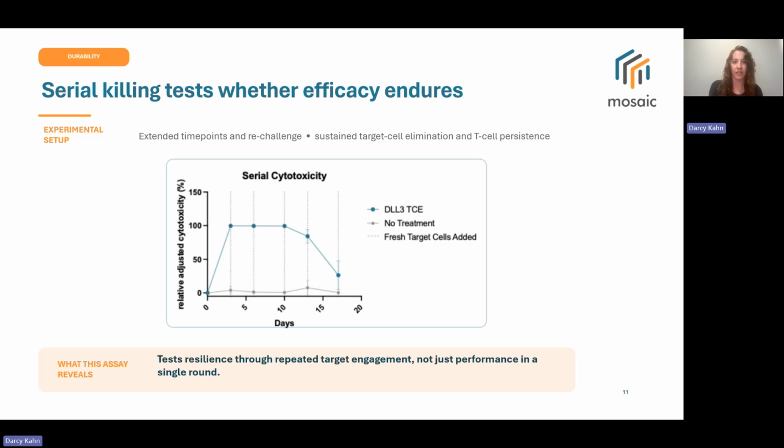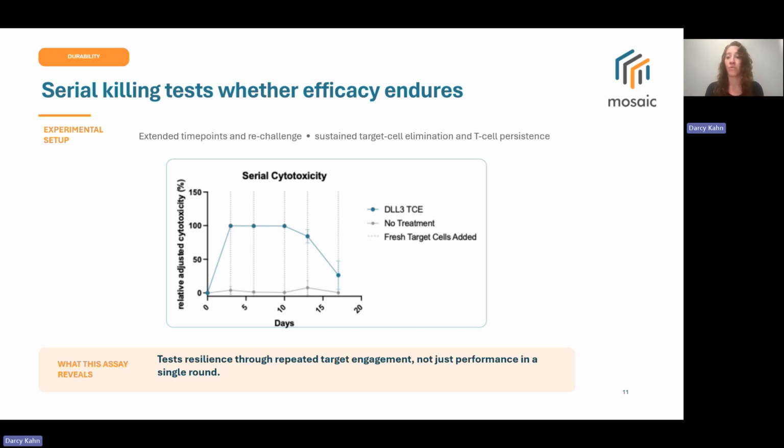So what we can see here is that our benchmark molecule has rapid, sustained cytotoxicity across 3 rounds of target restimulation. And then we see a decline in activity over, you know, further extended culture. So we start to see the ability of the effector cell to mediate target cell killing decline and get close to baseline around day 17.